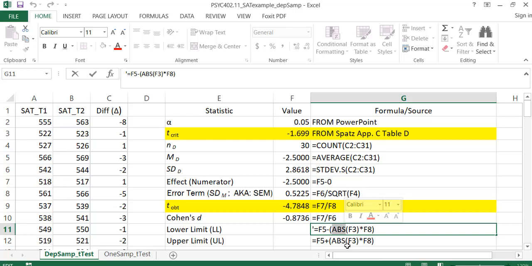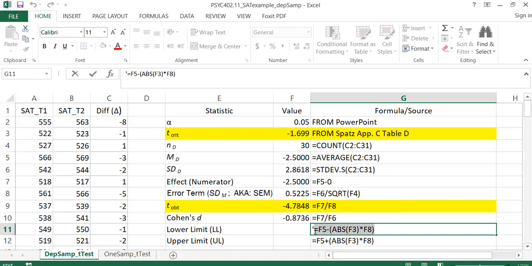I then subtract a negative value. Well, if I subtract a negative value, it's actually basically like adding. So if I consistently want my lower limit to be when I subtract t critical times the standard error of the mean, I need to make it the absolute value of t critical to account for the fact that t critical can sometimes be negative.